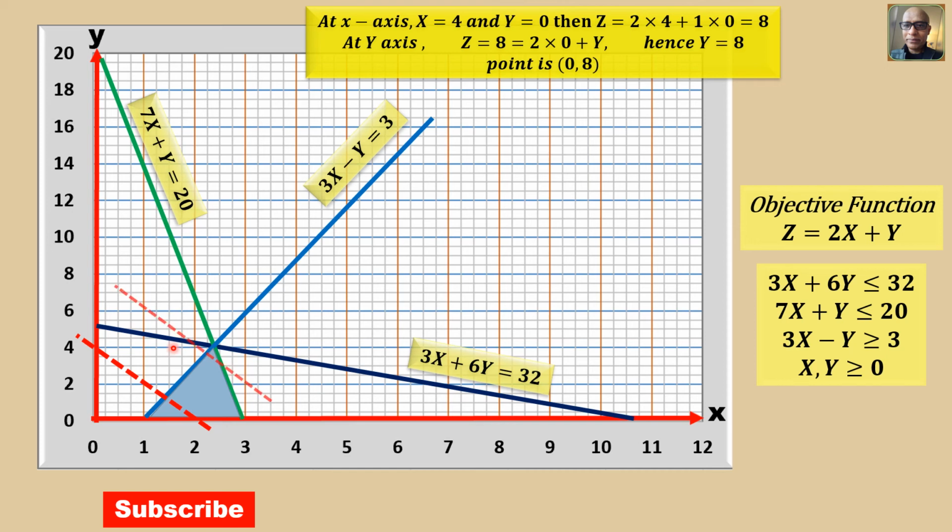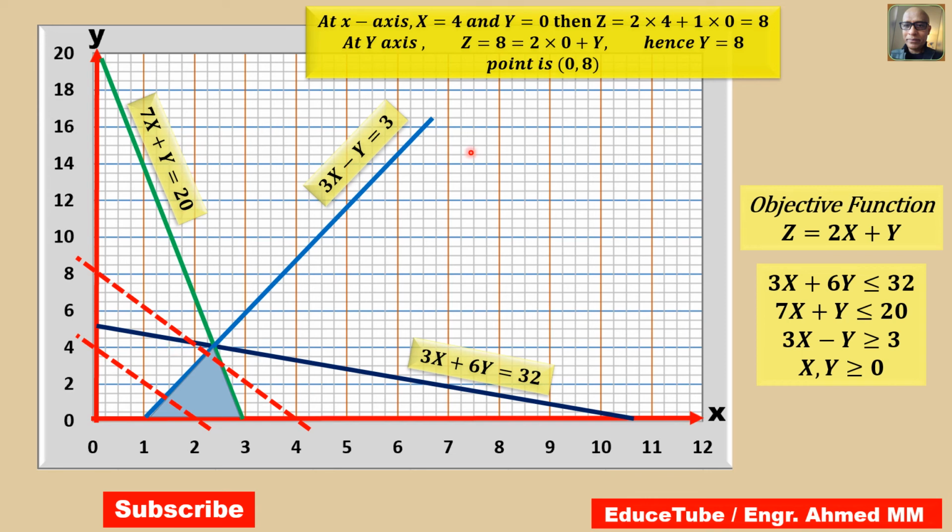So this is the line. Look at 4, 0. 4, 0 is the x-axis point and 0, 8 is the y-axis point. But we did not find the line touching this corner point, because our target is to reach this line up to here, to cross this.